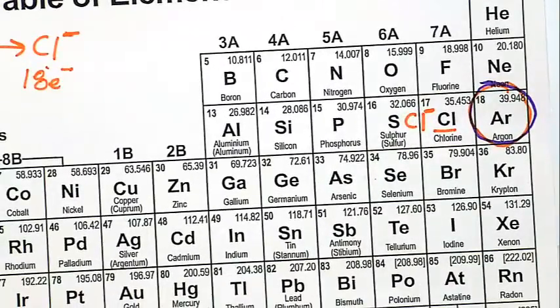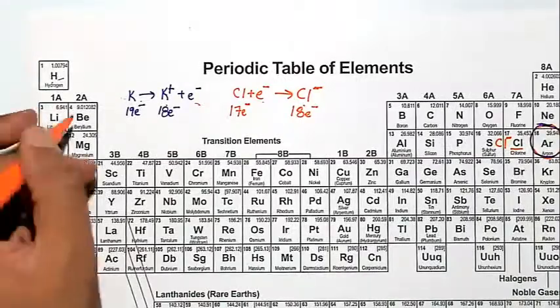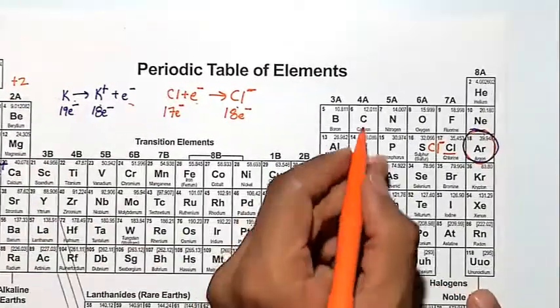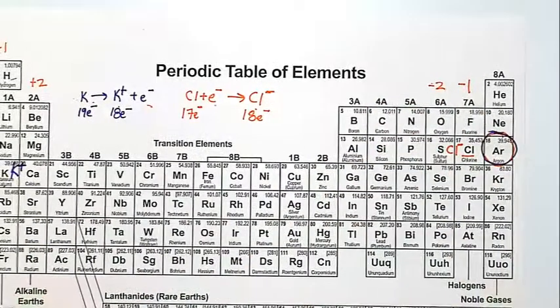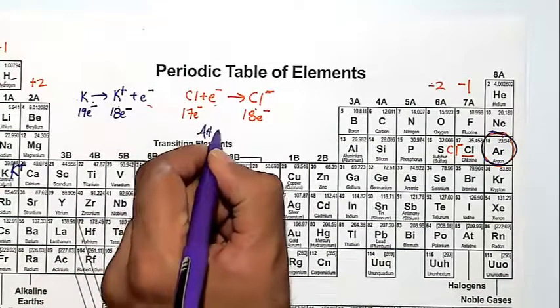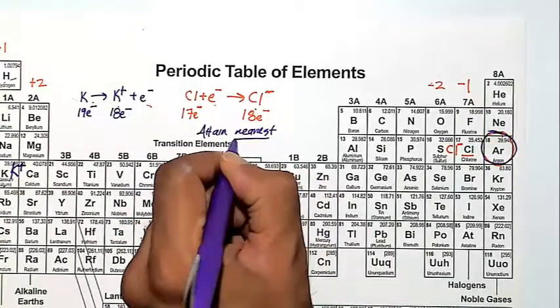So now we have an inkling of why these like to be +1, why these like to be +2, and why these like to be -2 and these like to be -1. It has to do with the fact that they can attain noble gas configuration, or nearest noble gas configuration.